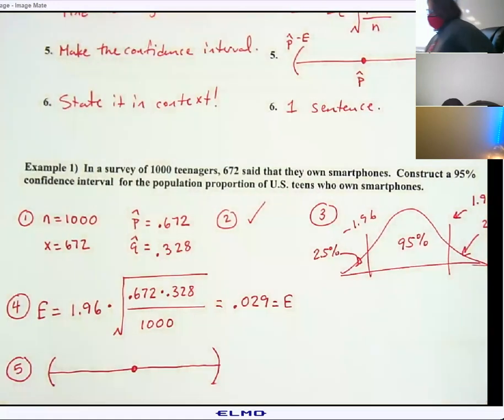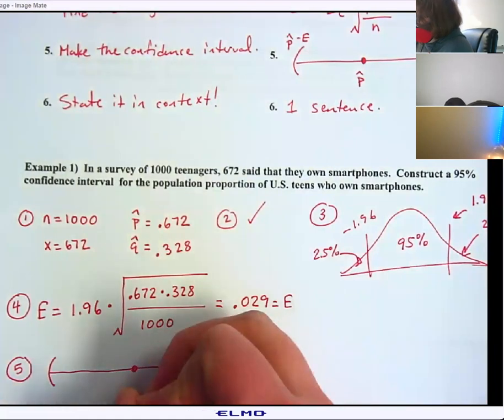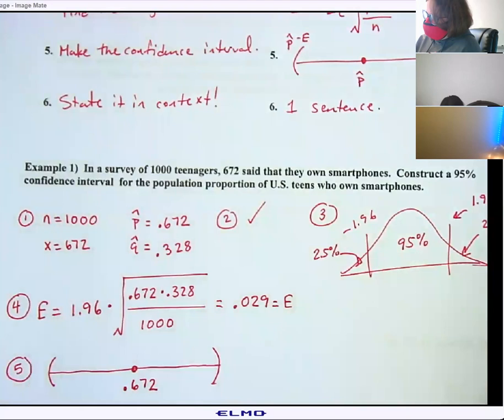All right, so if we got a TIE fighter here, that was a horrible TIE fighter today, but normally I'm much better at it. 0.672 goes in the middle, and then you add and subtract 0.029 to both sides.